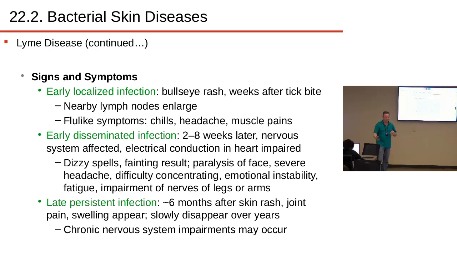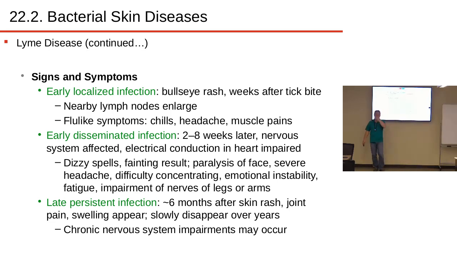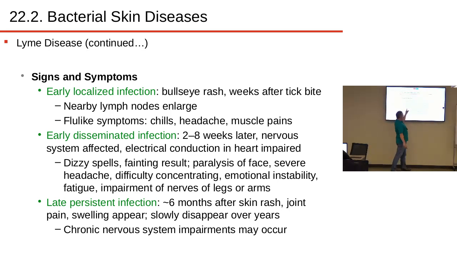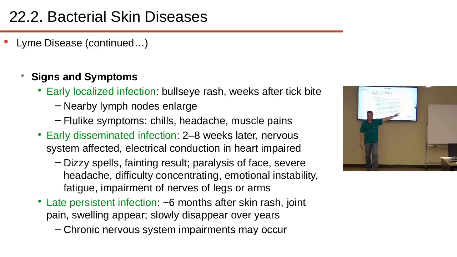Maybe you're not able to move your muscles the way you think you should. Again, you're going to have some nervous system breakdowns happening. Dizzy spells, fainting, paralysis of the face. The whole face just kind of goes into paralysis. Severe headaches, difficulty concentrating. These also relate to the nervous system shutdown, right? Then it's going to lead into emotional instability, right?